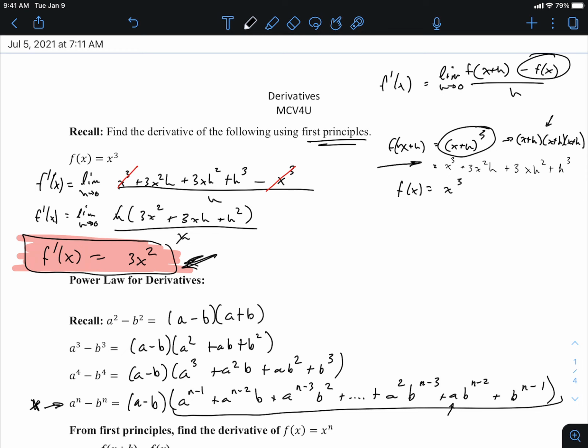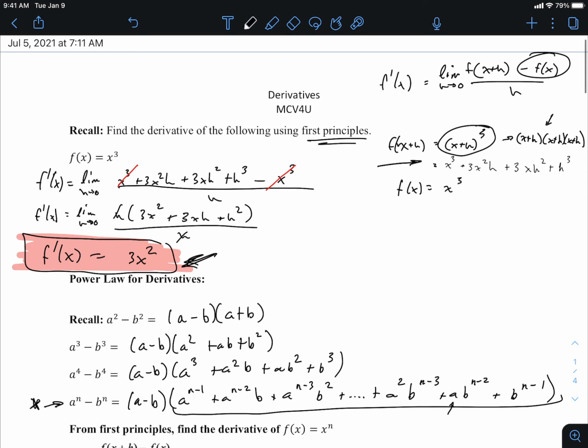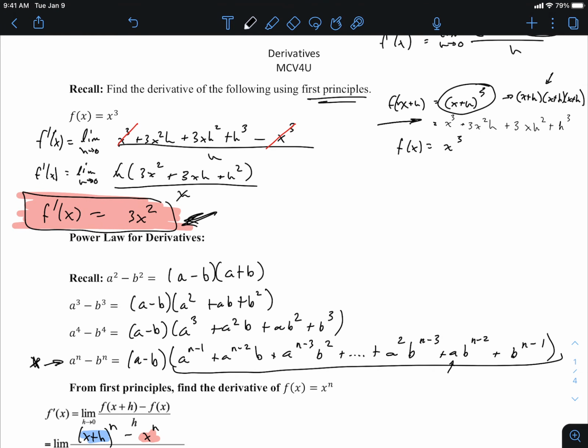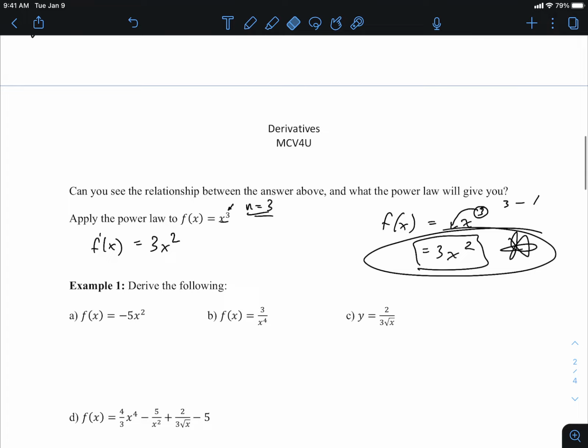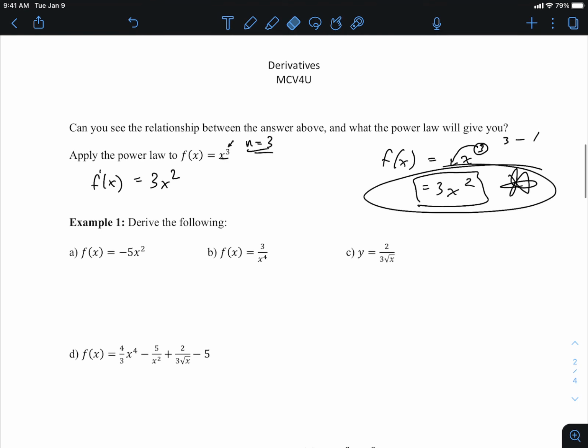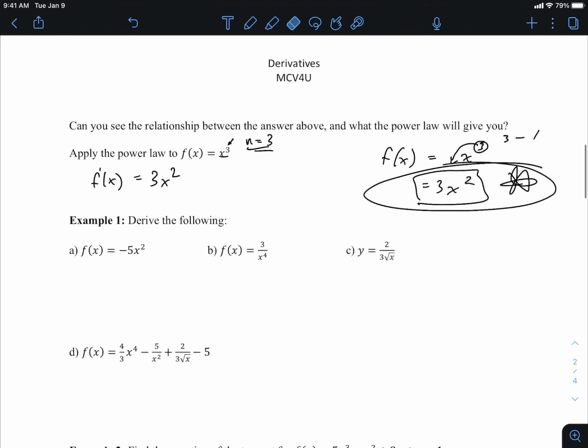And the whole time, if you went back and looked at all your first principles work, that's staring you right in the face, right? We bring the exponent down, do an n minus 1 on the top. There's your power law rule for derivatives. Okay? So I'll hit pause there, and then we'll work through some more complicated examples, and you guys will be experts at applying the power law after that. Okay? So stay tuned for part 2.